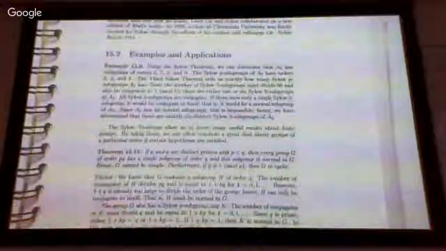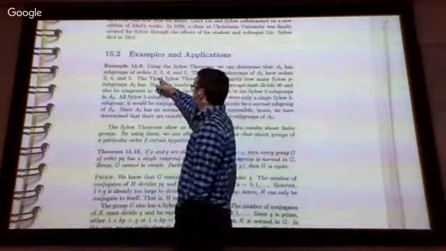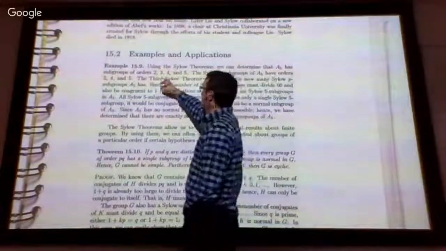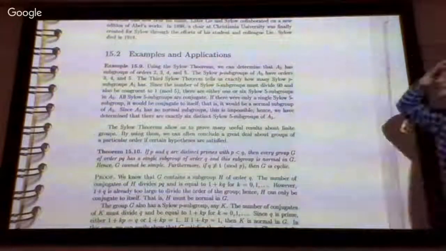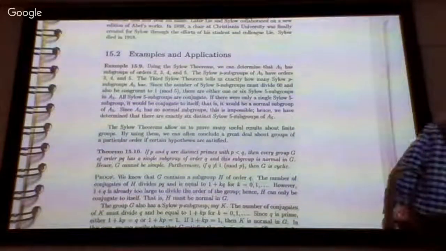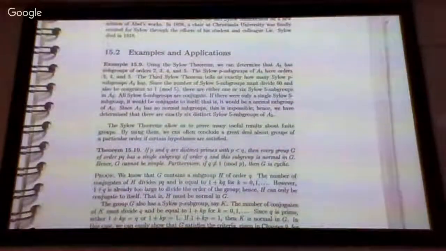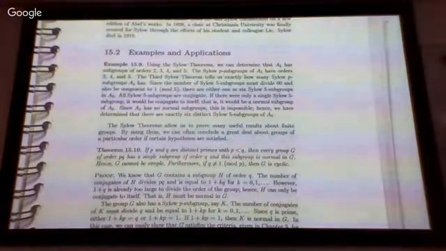But let's see what it says, okay? So A5 is size 60. The prime factors are 2, 3, and 5. 60 is 4 by 3 by 5, so 2 squared, 3, 5. So what are the consequences for the number of the various Sylow P subgroups that A5 might have?